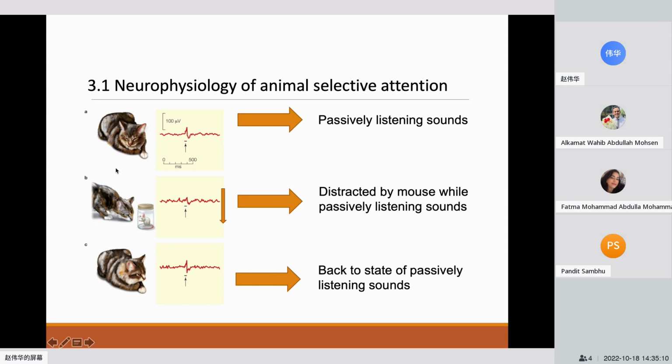During these conditions, recordings were collected from the cochlear nucleus in the brainstem. So some brain signals were collected.